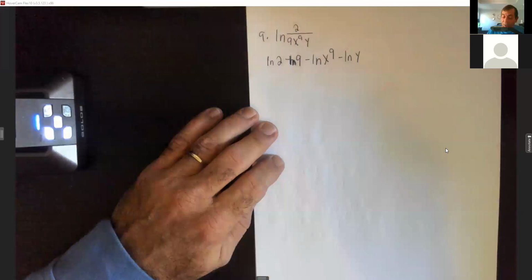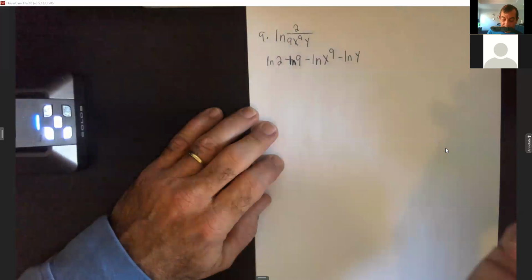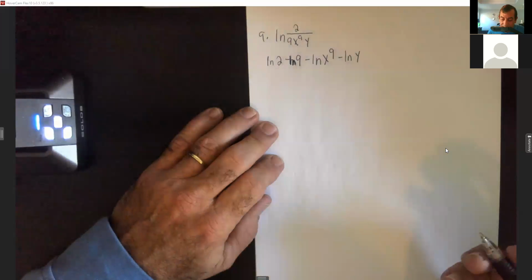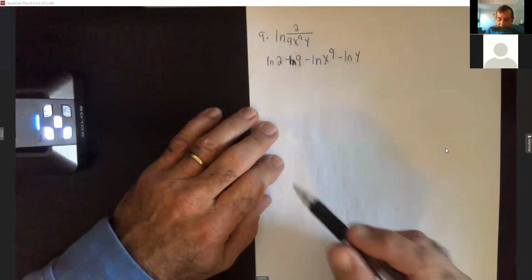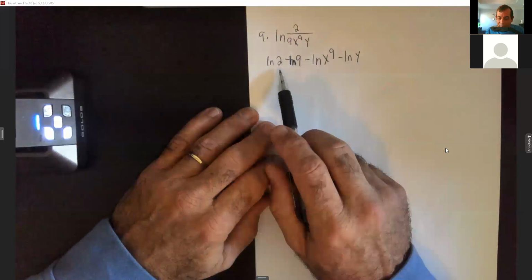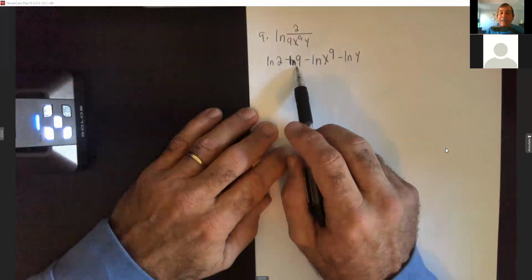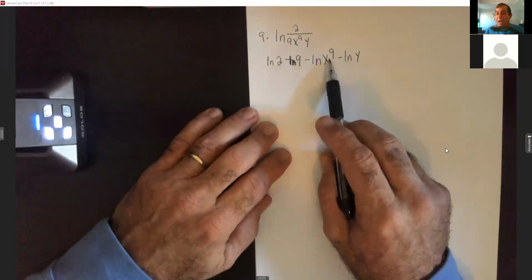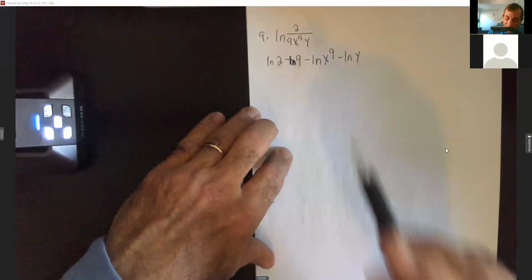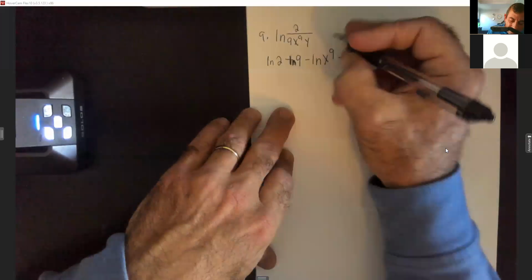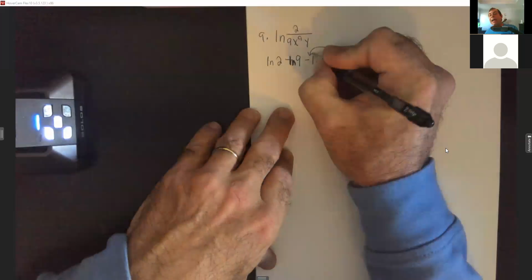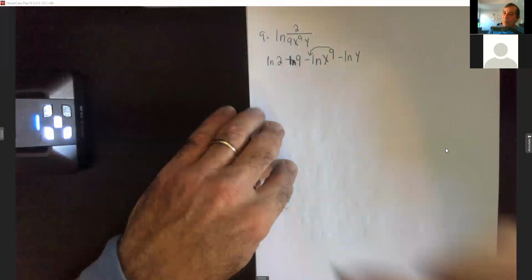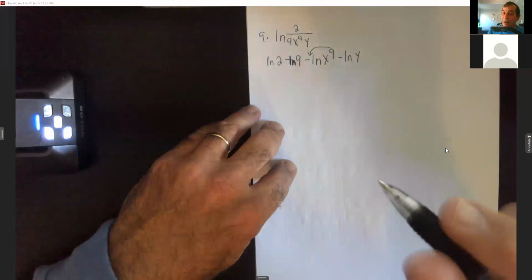So next, what I would do to this, there's only one thing to do. I got an ln of 2, ln of 9, ln of x to the 9th, and the ln of y. The only one that I can do anything to is the one with the exponent of 9. That exponent of 9 has to be brought down and written as a product.